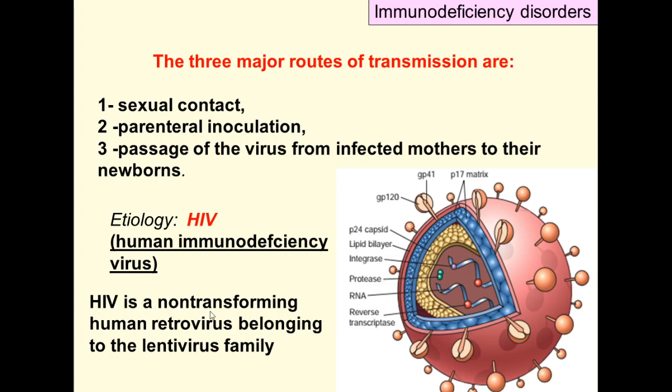I underline this one: HIV is a non-transforming human retrovirus. Non-transforming. You know, for example, the virus of influenza could transform, yes? And that's why we have a new vaccine each year. HIV is a non-transforming human retrovirus.